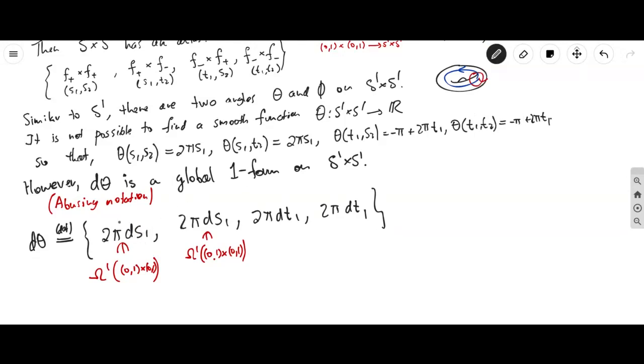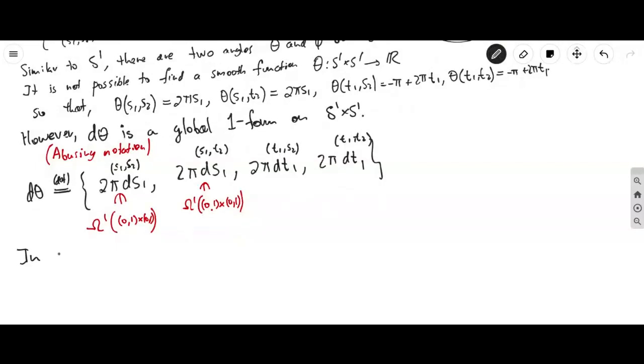Here the coordinate system is denoted by S1, S2. Here this is the chart denoted by coordinates S1, T2. This is the chart whose coordinates are denoted T1, S2. And this is the chart whose coordinates are denoted T1, T2. But all of these are one forms defined on the open rectangle. Okay? And this is coherent for the reasons that we've explained before.